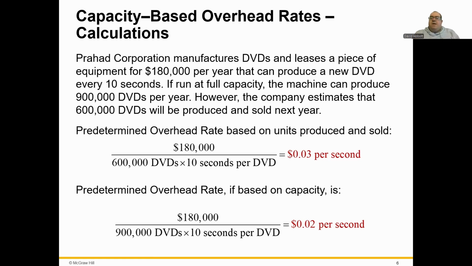So if we base it on the number of units that we think that we're going to produce and sell, 180,000 is the fixed price for this lease for this machine, divided by 600,000 DVDs times 10 seconds per DVD is going to be 3 cents per second. And then if we use the predetermined overhead rate at capacity, we have 180,000 divided by 900,000 DVDs times 10 seconds, which brings it down to 2 cents per second.